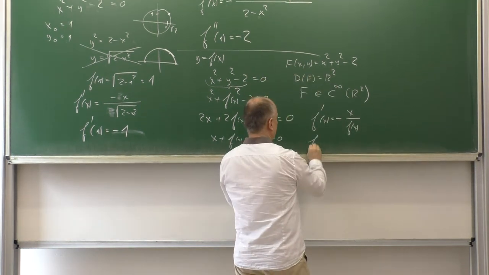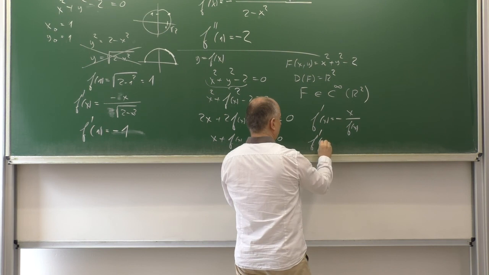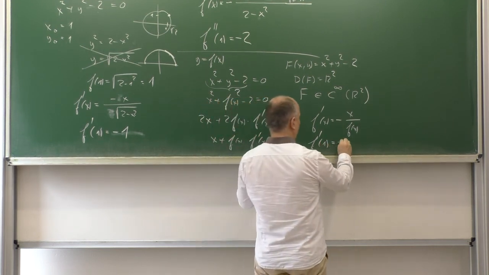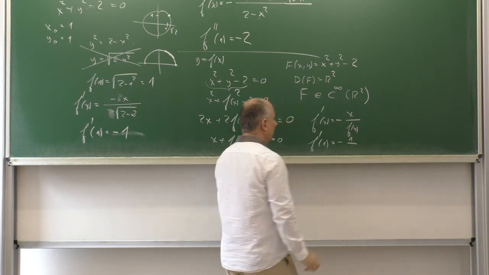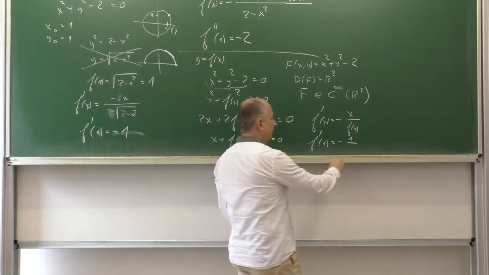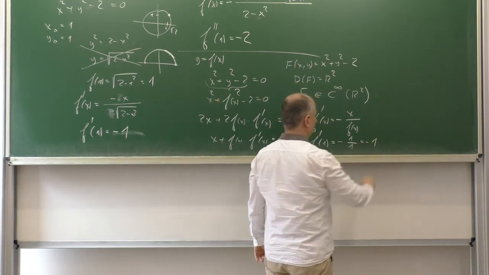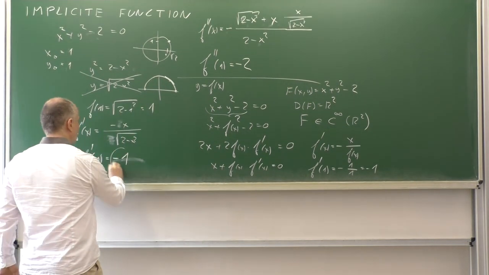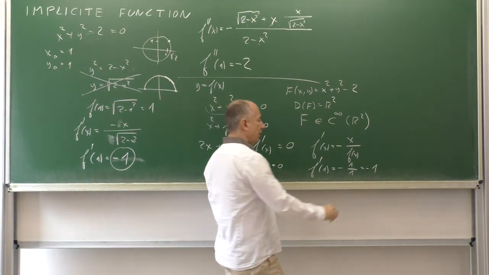Well, and then we can evaluate the derivative at the point x is 1. X is 1, and f of x is given, this is y0, which is also 1. So, you see, fortunately, the same result.